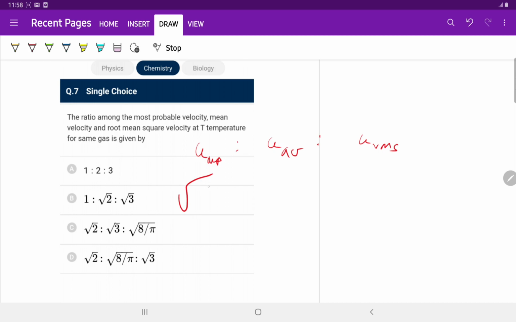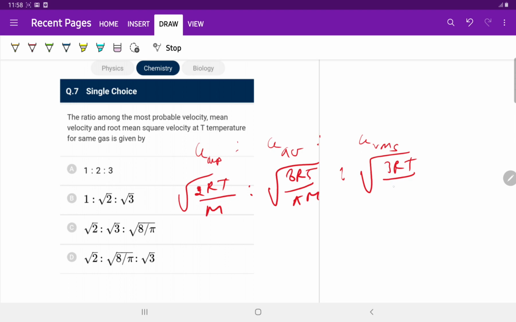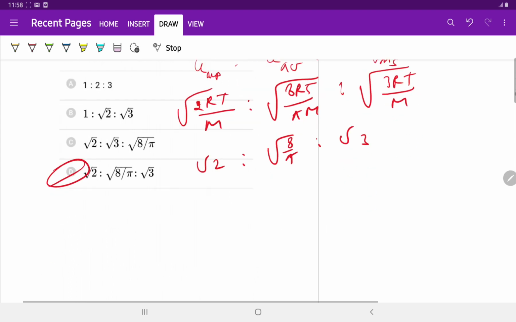The formula: most probable velocity is √(2RT/M), average velocity is √(8RT/πM), and root mean square velocity is equal to √(3RT/M). So √2 is to √(8/π) is to √3. So option D is correct for question number 7.